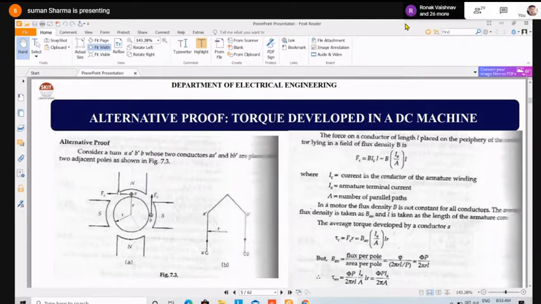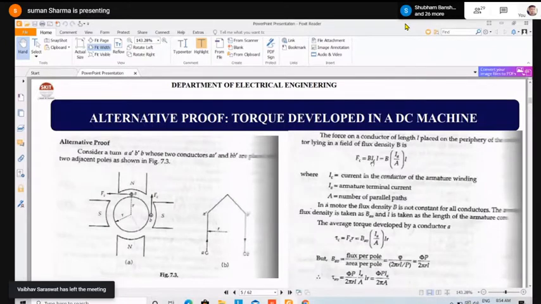In the air gap there is a field, and force is developed because of the flux flowing from the north pole to the south pole. The force on a conductor of length L placed on the periphery, lying in the field of flux density B, is given by force equal to BIL, where I is the current carried by the conductor.